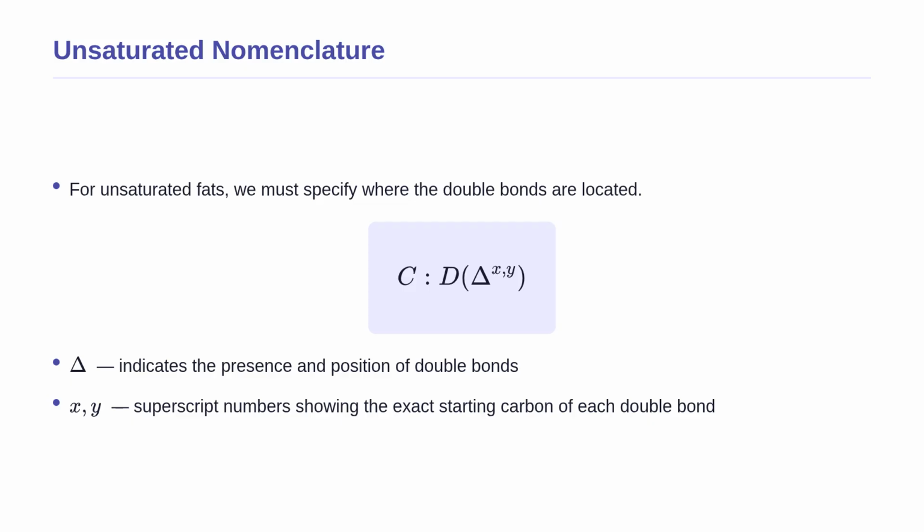The superscript numbers X and Y tell us exactly which carbon atoms start the double bonds, counting from the carboxyl end. If a molecule has multiple double bonds, we list all their starting positions. Each double bond represents a sharp bend in the molecule, so knowing these positions tells us exactly how the molecule is shaped.